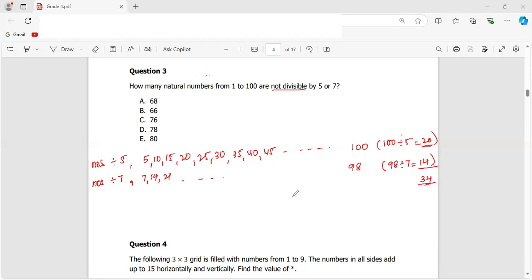Okay. But you can't just do 100 numbers minus 34. That is not the answer here. What I need to do is, now there are certain numbers which are counted twice. Like 35 has been counted twice, and similarly 70 has been counted twice. It's been counted here as well and it's counted here as well. So I need to subtract 2 from here.